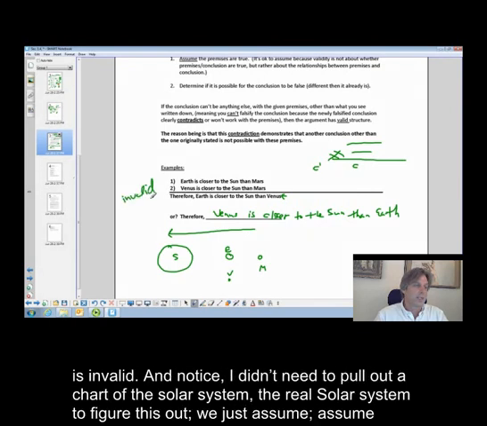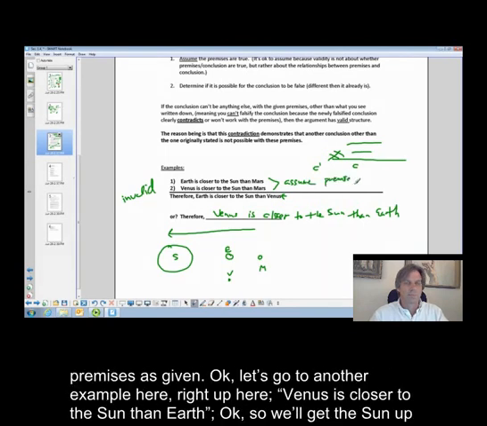This is invalid, okay? And notice, I didn't need to pull out a chart of the real solar system to figure this out. We just assume the premises as given.